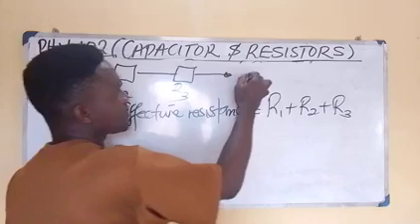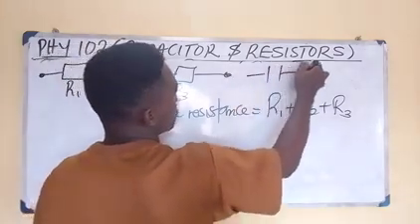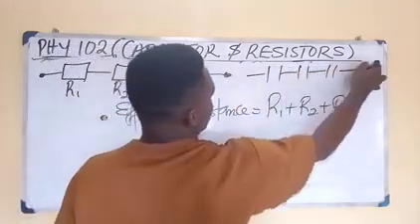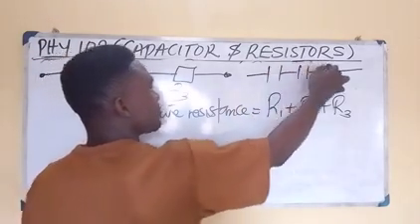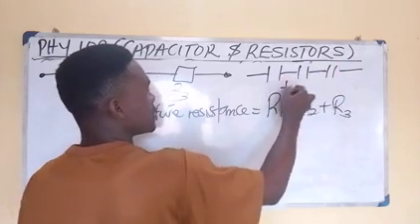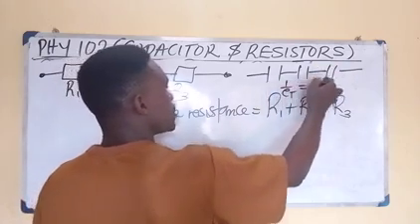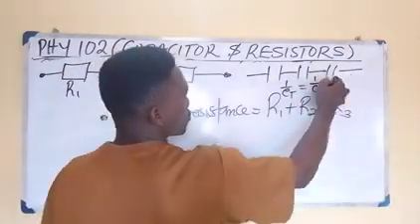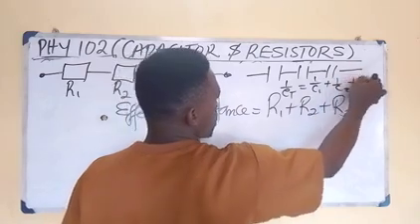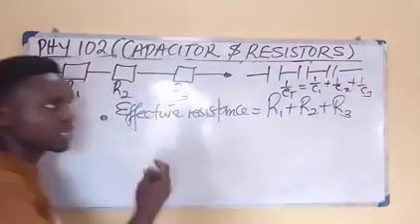But don't forget that in capacitance, we said the equivalent capacitance is the reciprocal of the sum of the individual capacitors. That is 1 over C1 plus 1 over C2 plus 1 over C3.